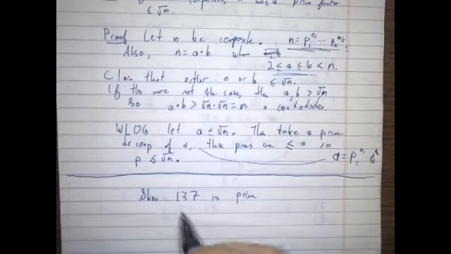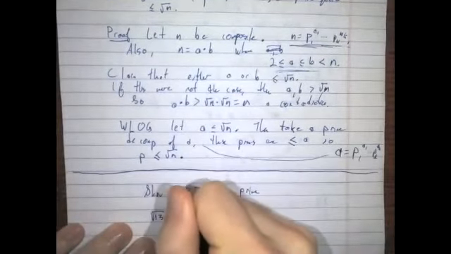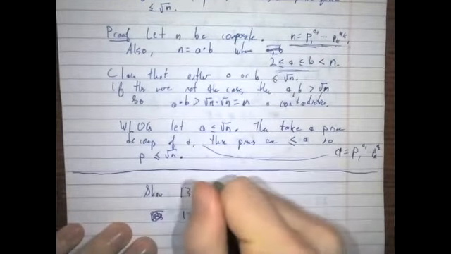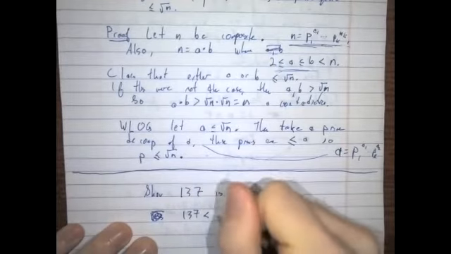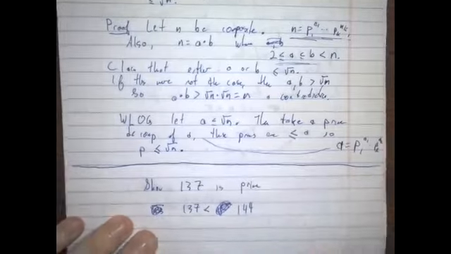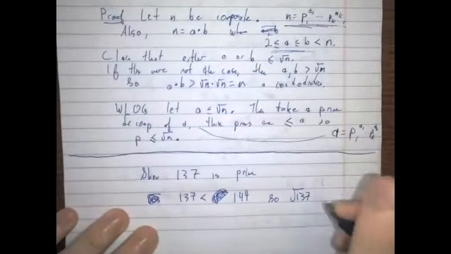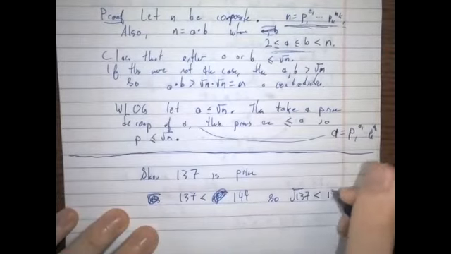Right. So the square root of 137, or let's say 137 is less than 144, so the square root of 137 is less than 12.